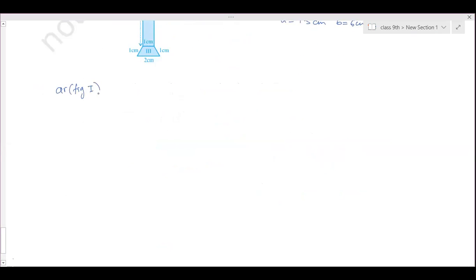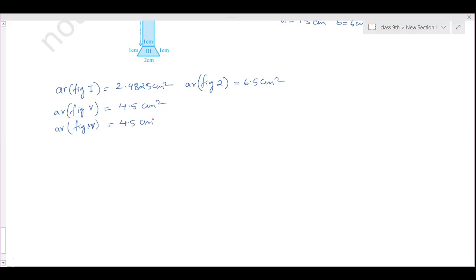Area of figure 1 is 2.4825 centimeter square. Area of figure 2 is 6.5 centimeter square. Area of figure 5 is 4.5 centimeter square. Figure 4 also is equal, so it is 4.5 centimeter square.